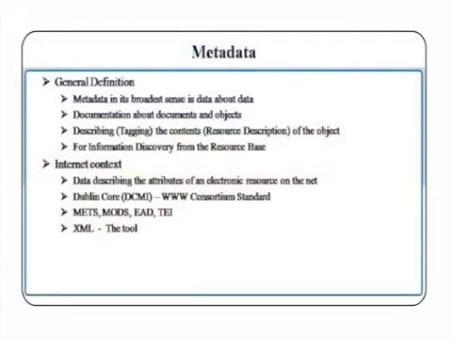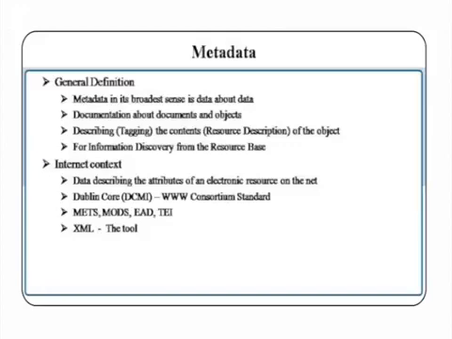And metadata, you have already learned, I'm sure, is nothing but data about the data. The data you stored in the system should be referred to with some simple data, that is called metadata, and documentation about the documents and objects in the collection. Then describing, that is tagging the content with the object.